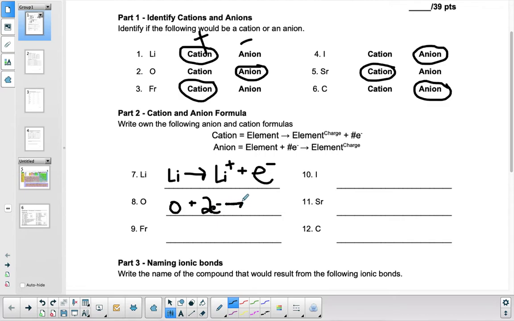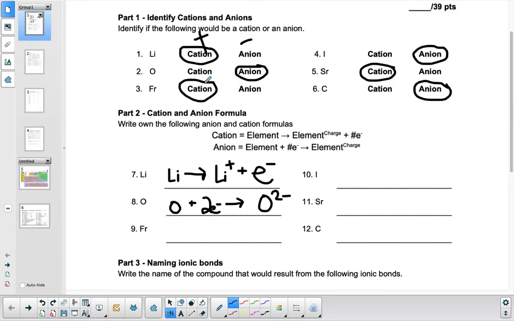Then our arrow. And our resultant is a combined oxygen and the 2 electrons to make oxygen 2 minus. Because we added 2 electrons to it, now we have more electrons than protons, so that's going to result in a negative 2 charge.